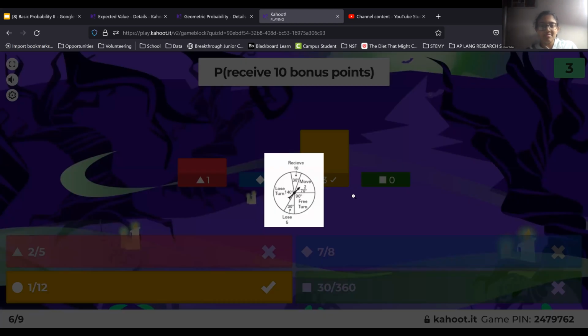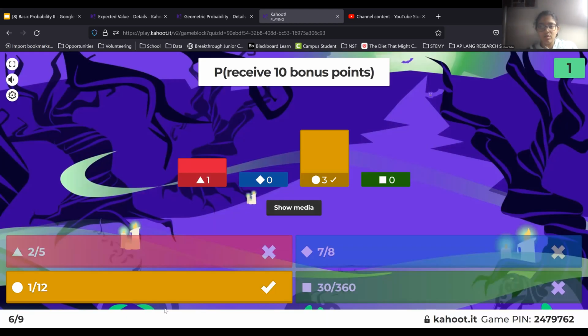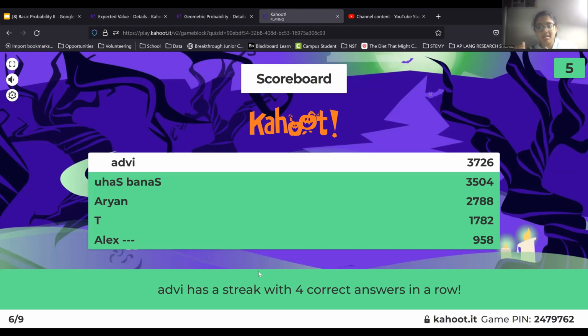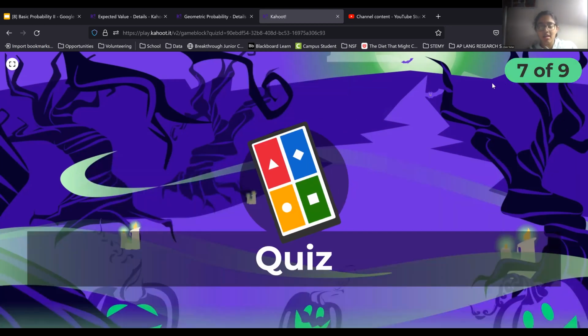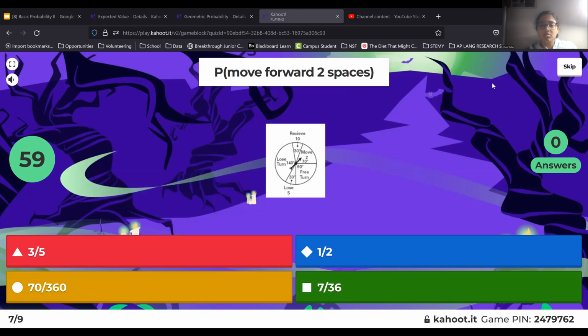Yeah, 30 degrees divided by 360 is 1/12. Okay, what is the probability you move forward 2 spaces? That's the 70-degree sector there.